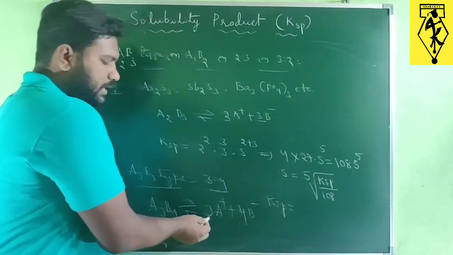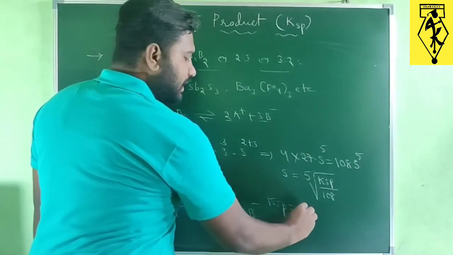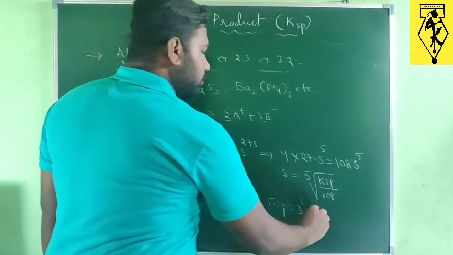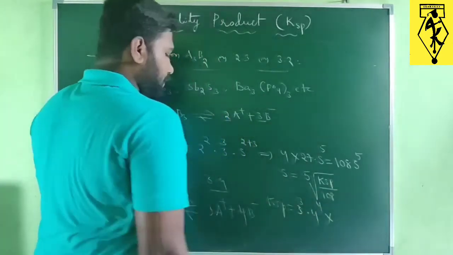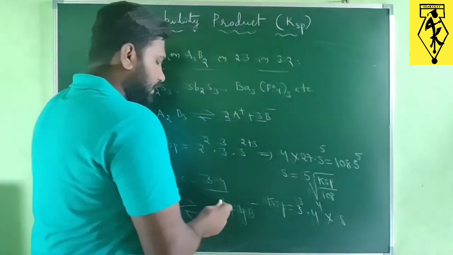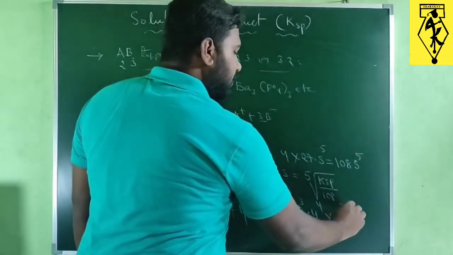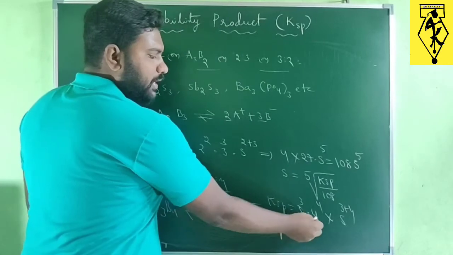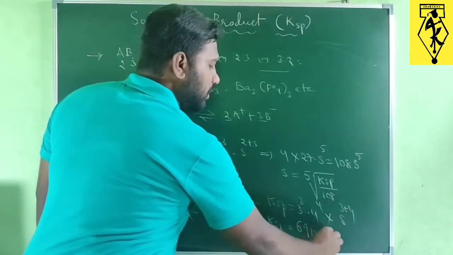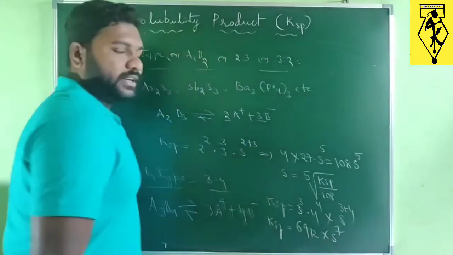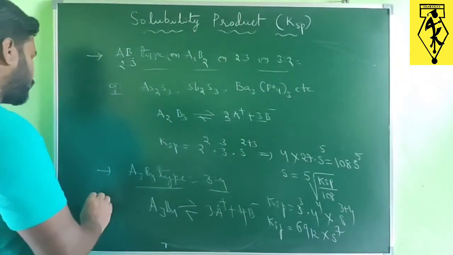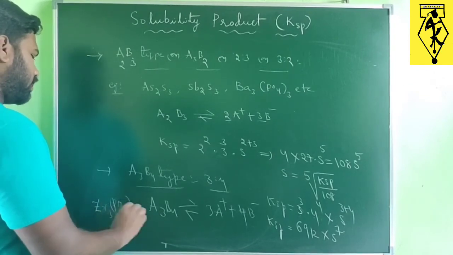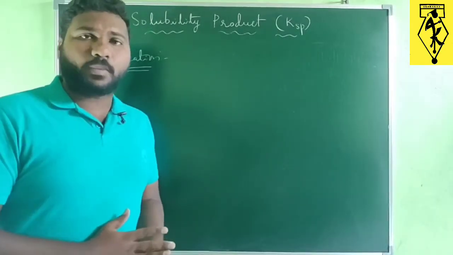KSP is equal to, here X value is 3, so 3 cube, and Y value is 4, so 4 power 4, into S whole power X plus Y, here 3 plus 4. So KSP is equal to 6912 into S power 7. For this one, the example is zirconium phosphate, Zr3(PO4)4.